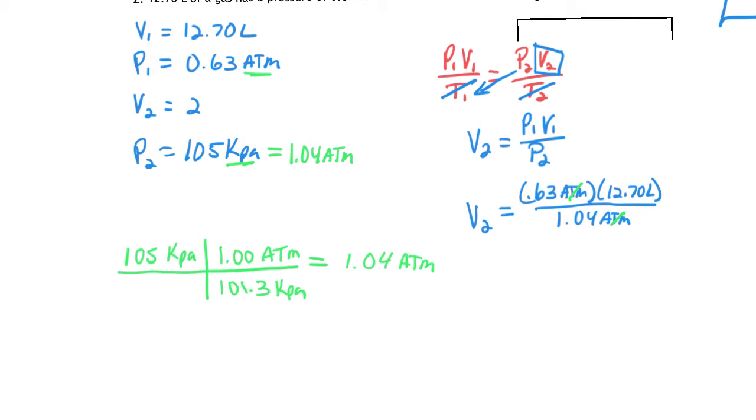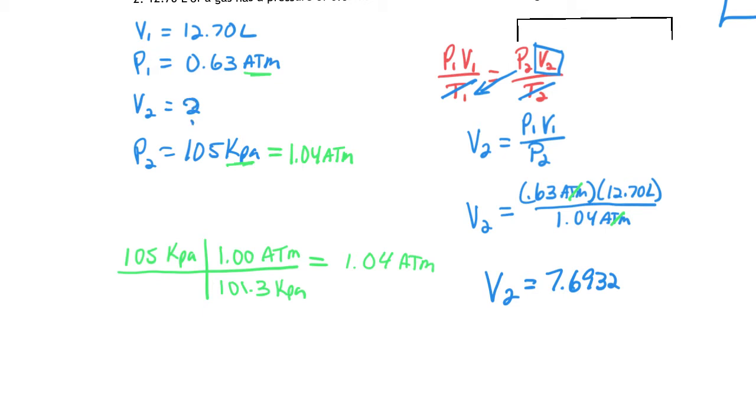When I put this in the calculator, it's going to be 0.63 times 12.70, drop down to the bottom, 1.04 equals, and V2 will be equal to 7.6932, and so on. I'm going to look to see how many significant figures I need.